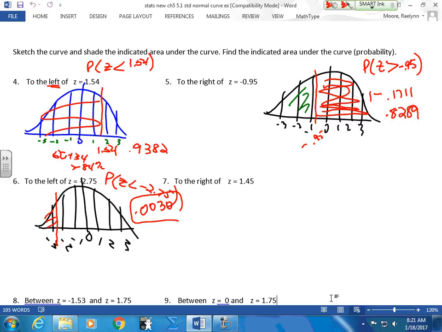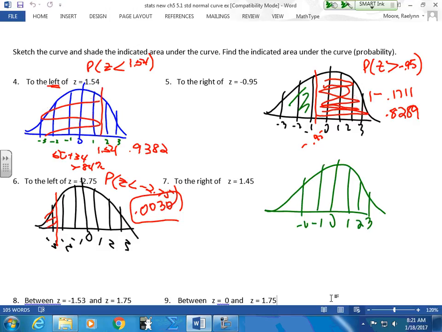Okay, to the right. And if we subtract it from 1, that can't happen. To the right of this guy, 1.45, right between 1 and 2. I want to the right. Guesstimate on this. What would you guess?